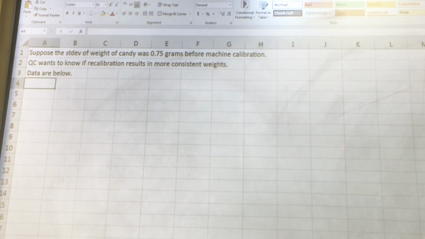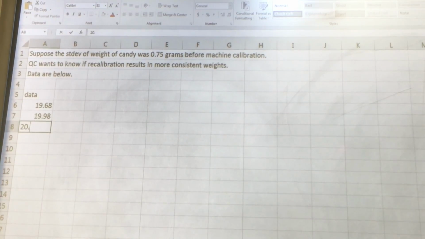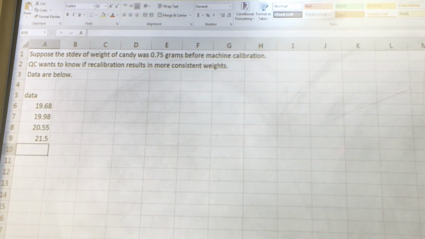Now we've been giving you mostly summary statistics, so let's do one that wasn't the same. So here's your data. Okay, raw data here. 19.68, 19.98, 20.55, 25.